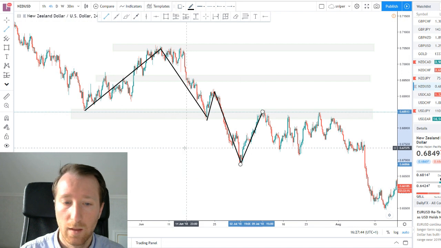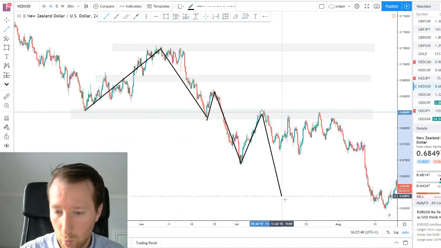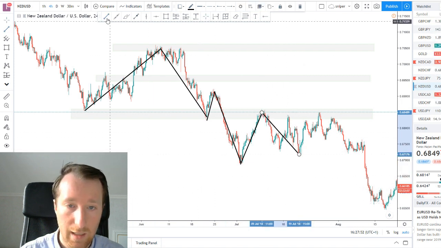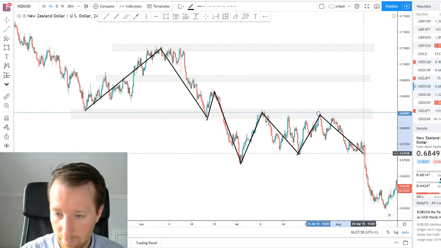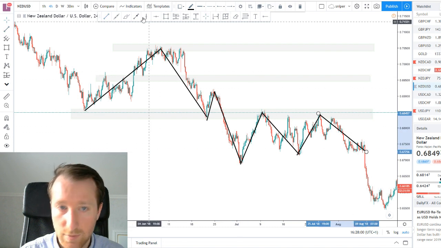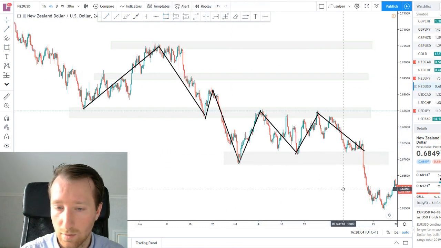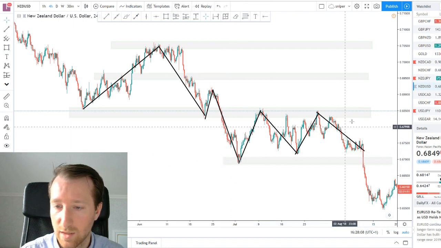Now, it doesn't make a new low here, but it goes now sideways. Nothing else than just boring stuff, okay? So I would suggest you then have marked out your support and resistance, your levels, and see what happens afterwards.